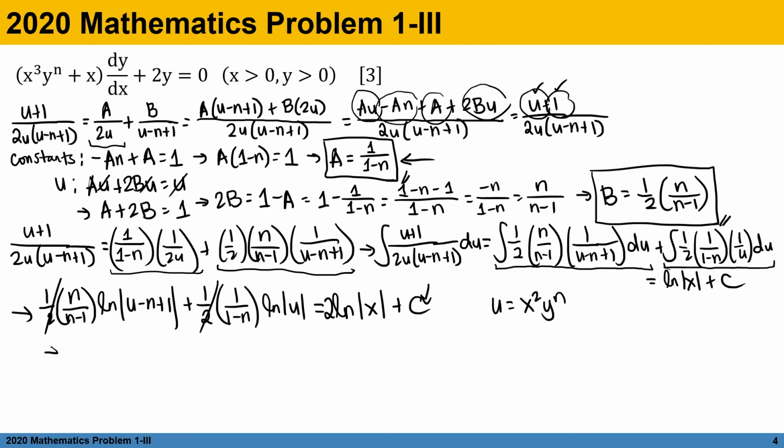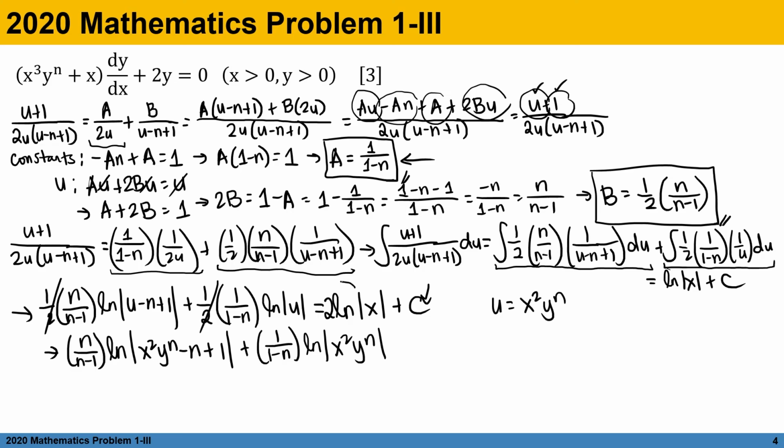So we can further rewrite as n over n minus 1 ln of the absolute value of (x squared y to the n minus n plus 1) plus the quantity 1 over 1 minus n ln of the absolute value of x squared y to the n.